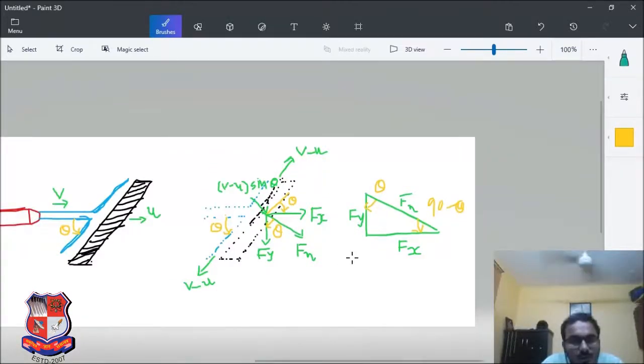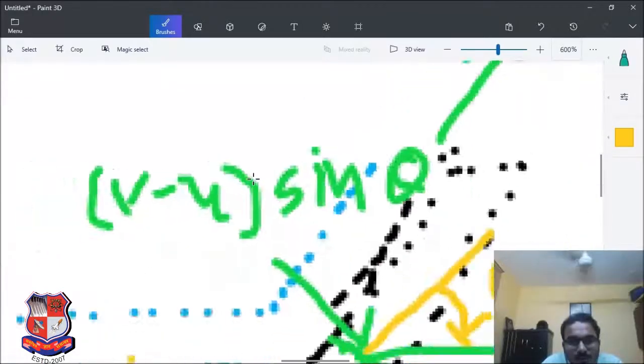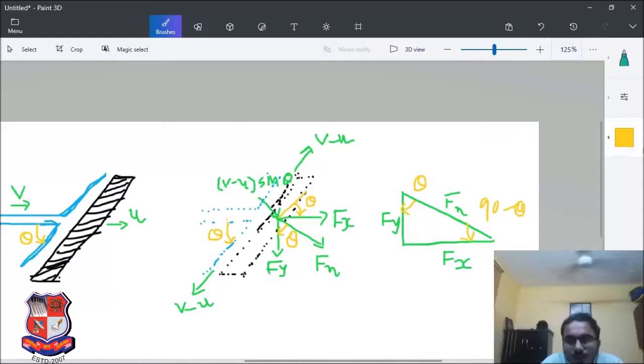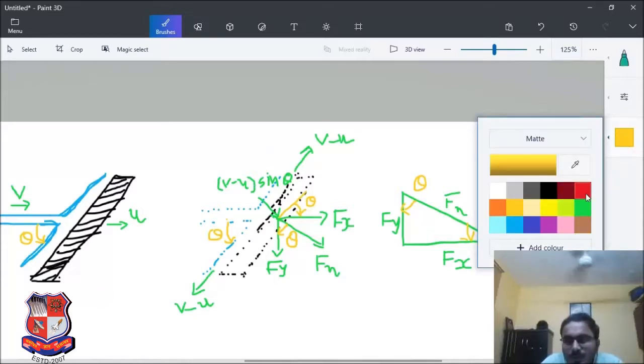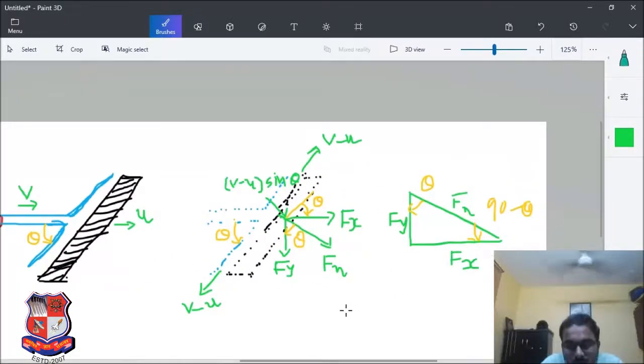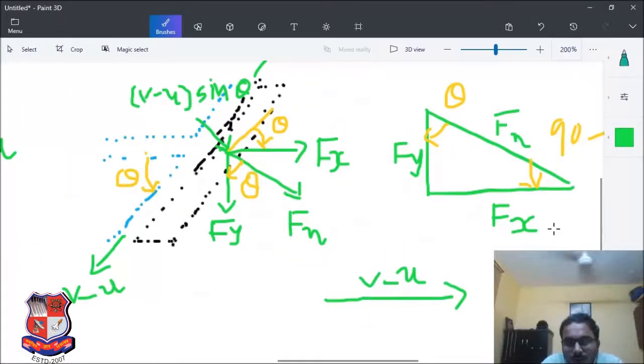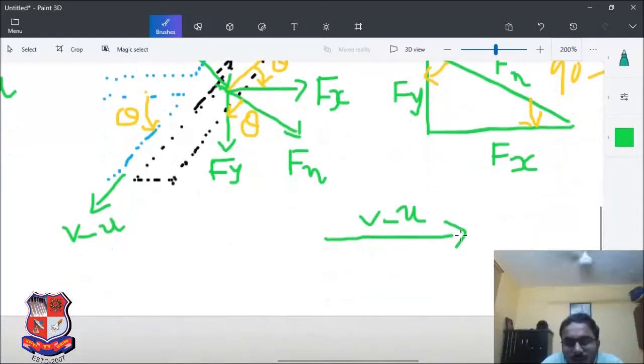So if you are still confused about this v minus u sine theta, we can take it in this way: initially the relative horizontal velocity is v minus u. So we need to find the component of velocity in the normal direction. So we are looking for this part.